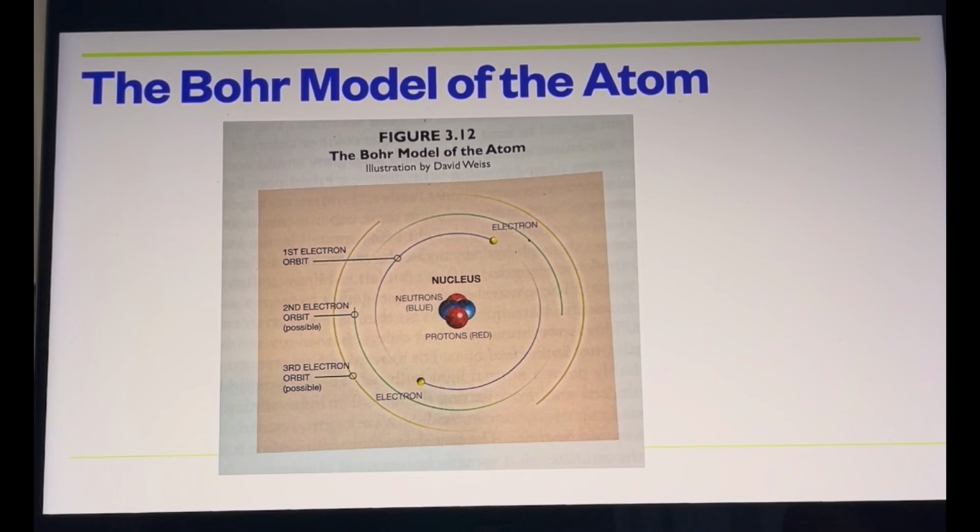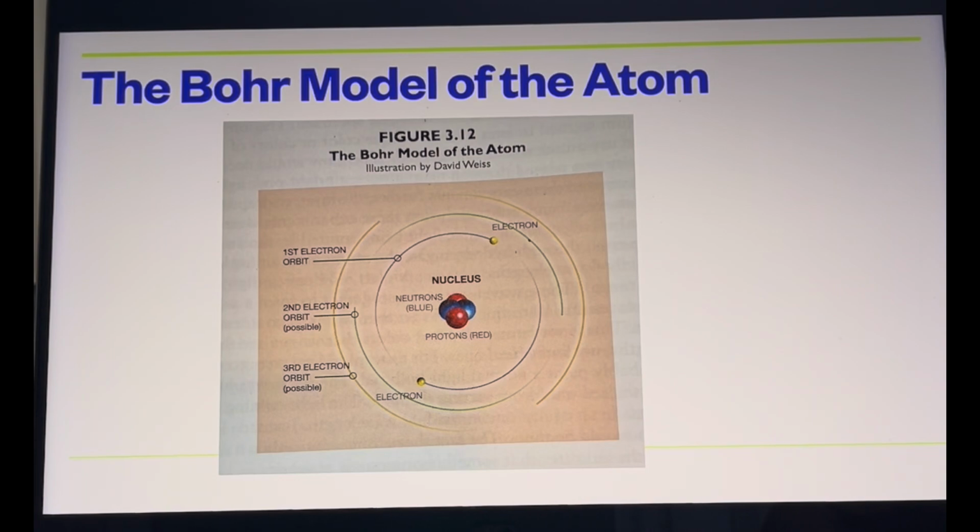Bohr did not just dream up his model for the atom. In fact, for the hydrogen atom, he had detailed mathematical descriptions of the electron moving in its various orbits. He could use his mathematics to determine the energy of each electron orbit. He could determine how much energy the electron needed to jump from one orbit to another.